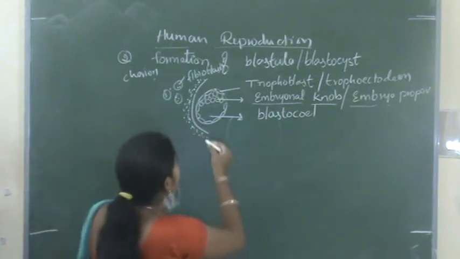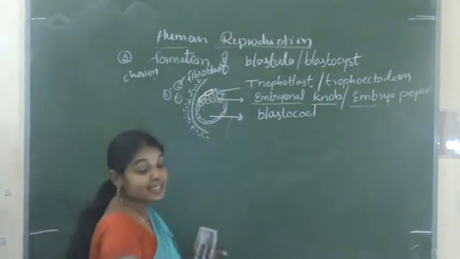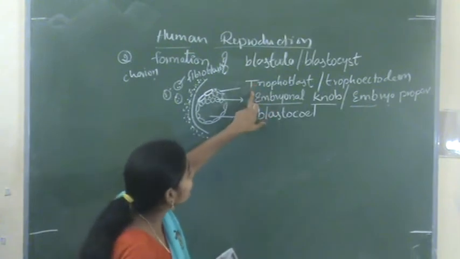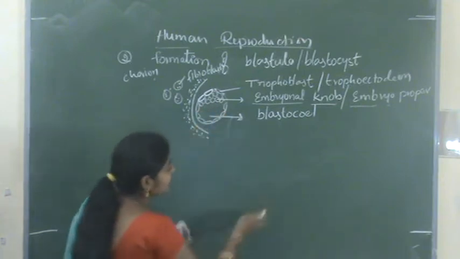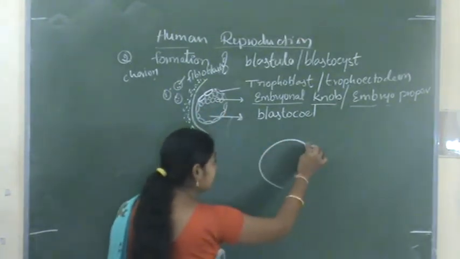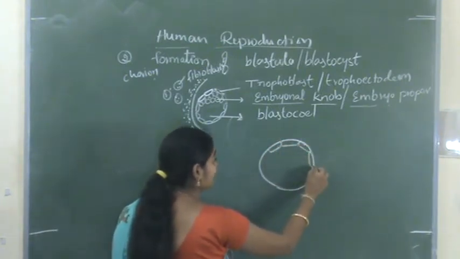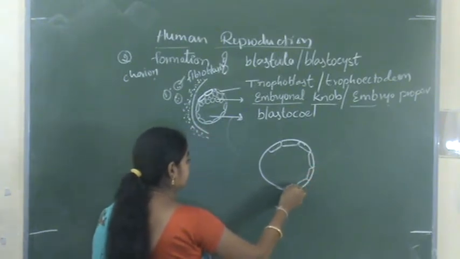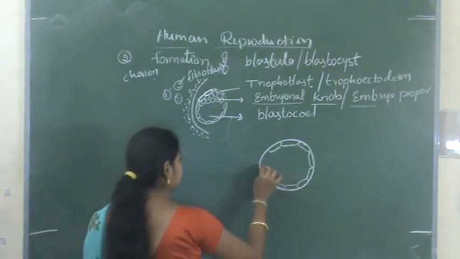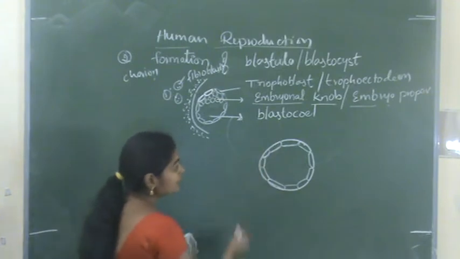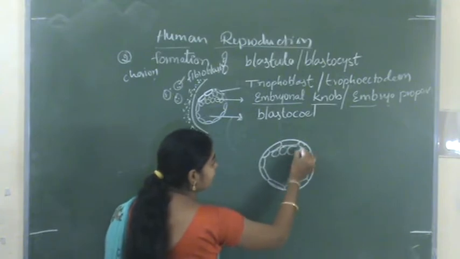And one more thing: the cells of the trophoblast which are in contact with the embryonal knob cells. See here, I will draw neatly. This is the trophoblast layer. And here the cells of the embryonal knob are present.